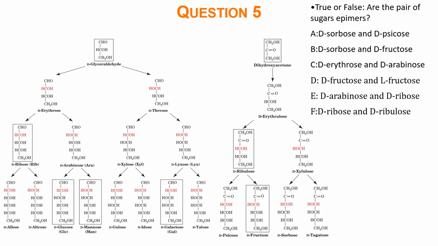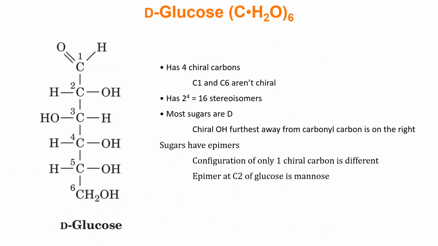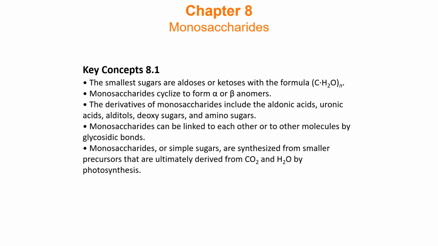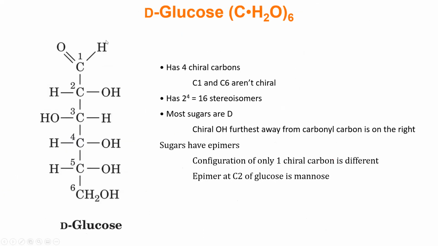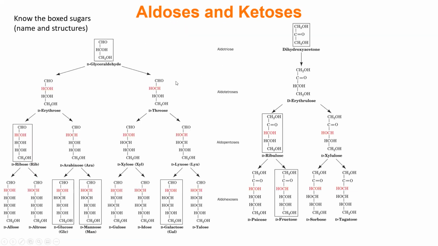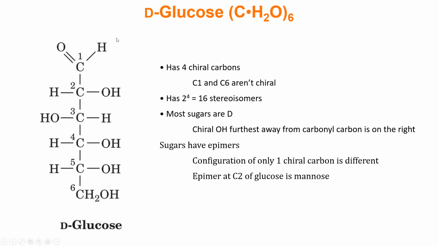But yeah, let's continue on what we were talking about on Monday. We started our carbohydrate section. We've been looking at our monosaccharides, and we just looked at the ones that are important for the cells, which are the boxed ones here. Glucose being the most important one, where our energy comes from.